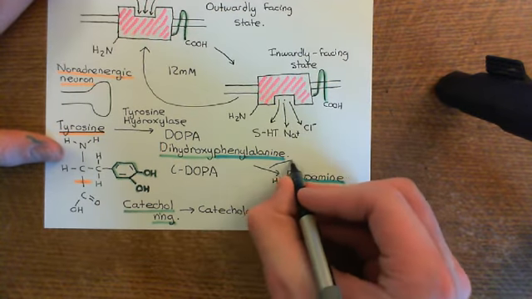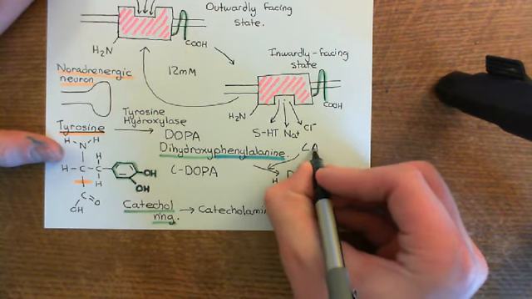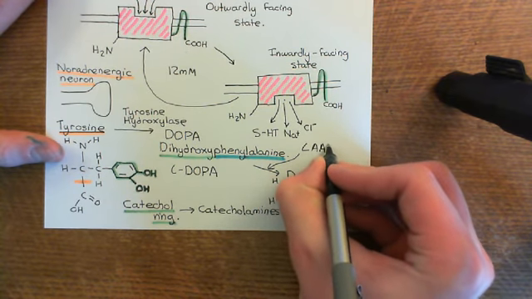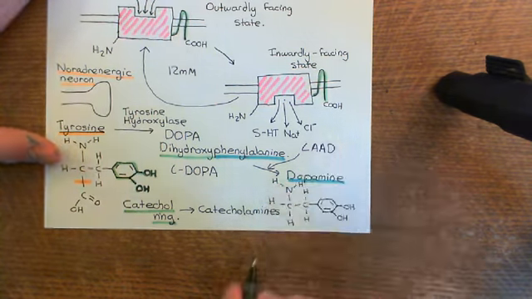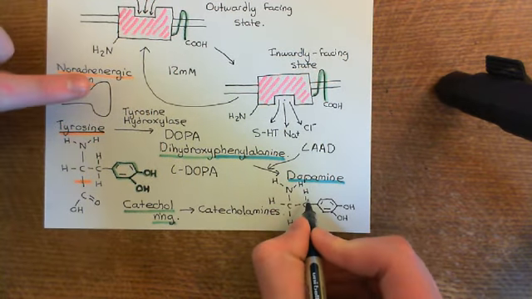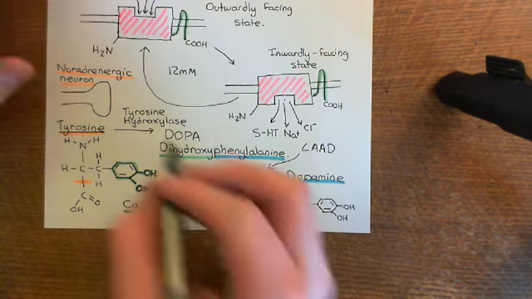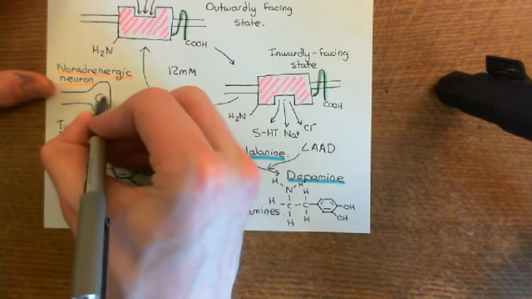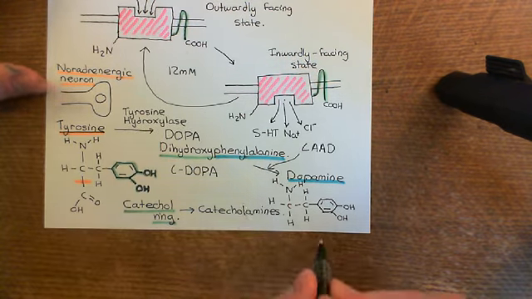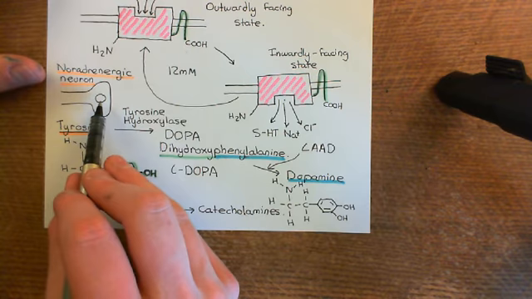Okay, so the enzyme which catalyzes this is again the L-aromatic amino acid decarboxylase, the LAAD enzyme. Okay, right. Now what happens is dopamine is transported into the synaptic vesicles by the vesicular monoamine transporter 2, and then in the synaptic vesicles it is then converted into noradrenaline.